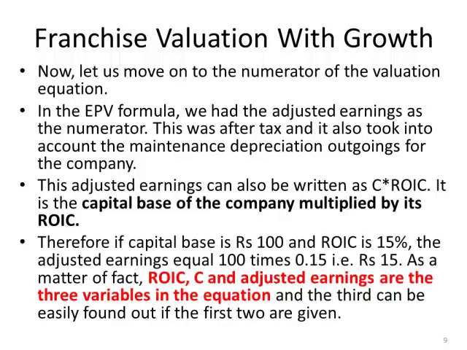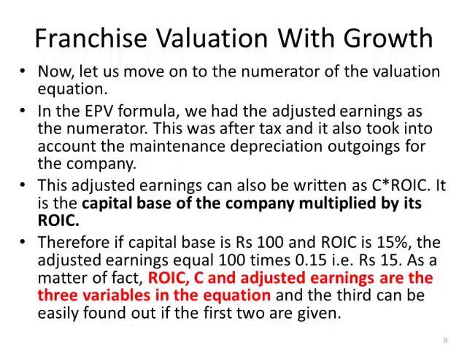So let's look at an example of this. Suppose the capital base is 100 and the return on invested capital is 15%. Then the adjusted earnings is equal to 100 times 15%, or 100 times 0.15, and this gives us 15. So ROIC, C, and adjusted earnings are the three variables in the equation, and the third can easily be found if the first two are given.